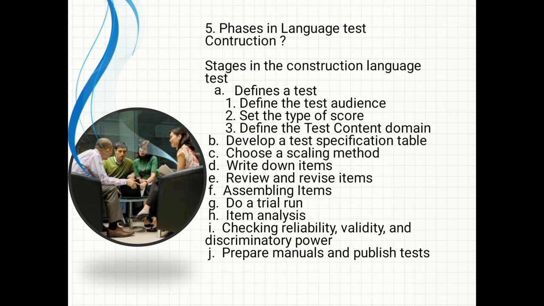F. Assembling items. Assembling these items into a semi-final form test that are ready to be tested on both a small and large scale. In general, this step will cover two things, namely, the first, giving instruction for the test.